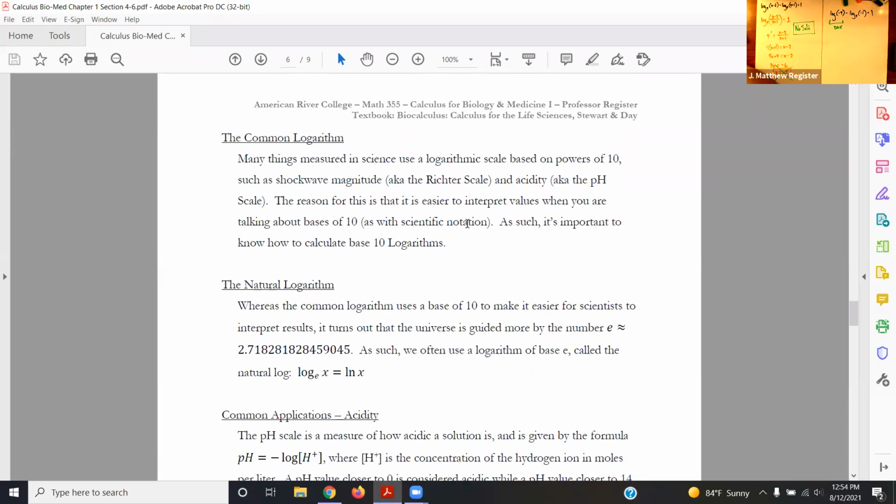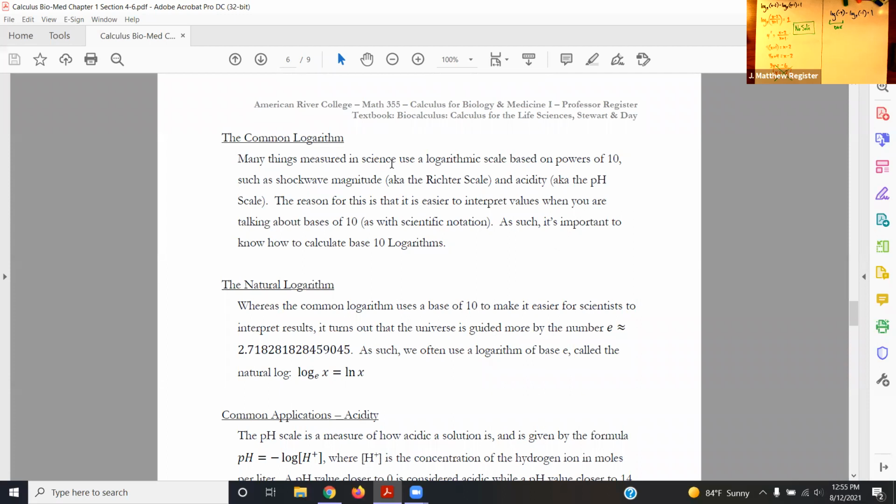Oh, and here's talking more about some of the basics. And so the common logarithm, I almost never use the common logarithm. You see the common logarithm used a lot in science, though, because it basically reduces things down to what the exponent is. And so many things measured in science use a log base 10 because it shows when something is 10 times as large.